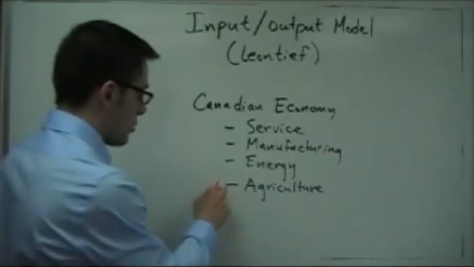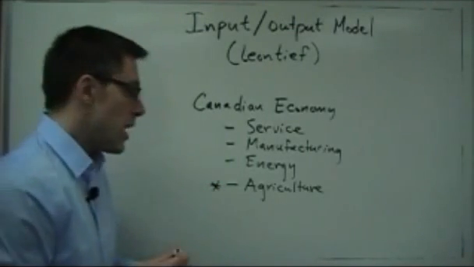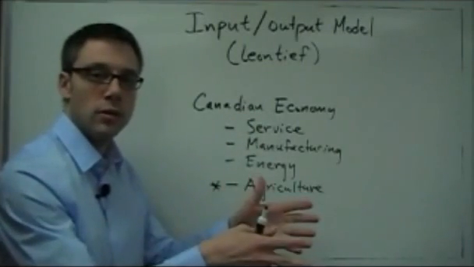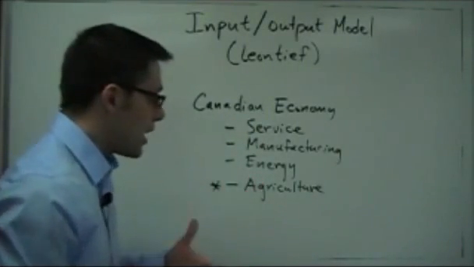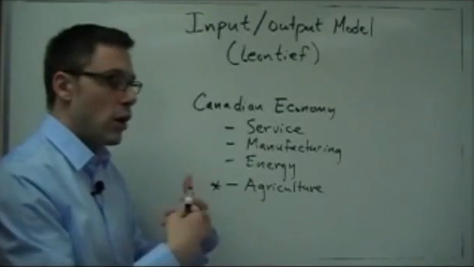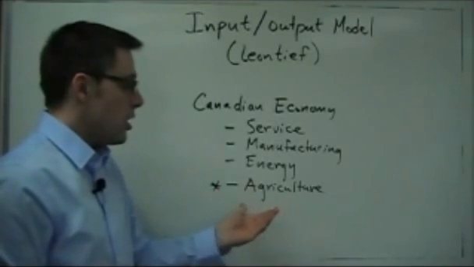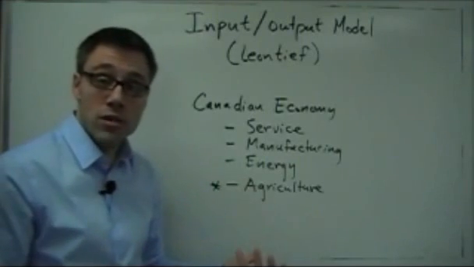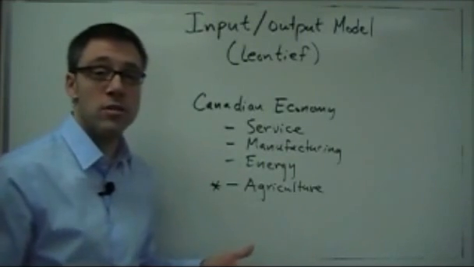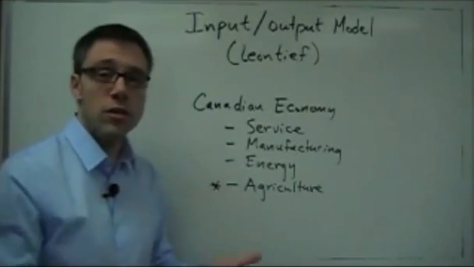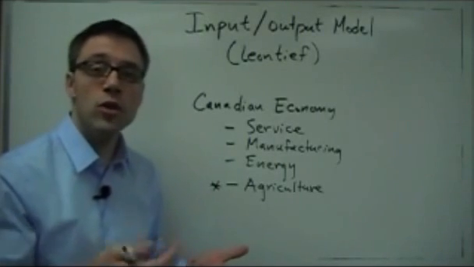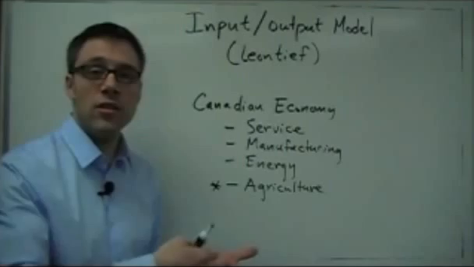Well, take the agriculture sector, for example. Agriculture for the Canadian economy produces some kind of output per year. But every time you have some output for agriculture, that output depends on, for example, the energy sector. Because of course, if you want to harvest your crops and bring them to market, all of that requires you to use fuel in the trucks and in the harvesters.